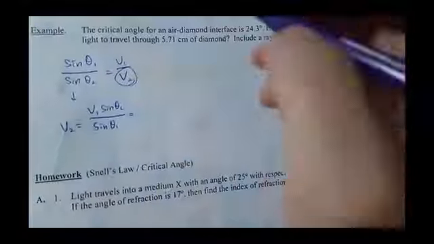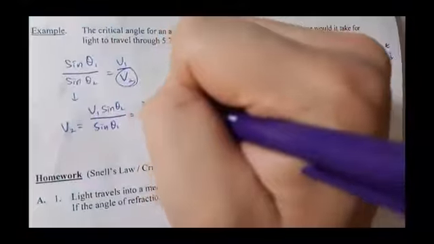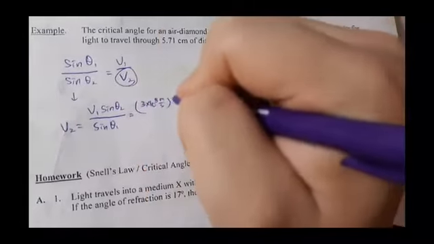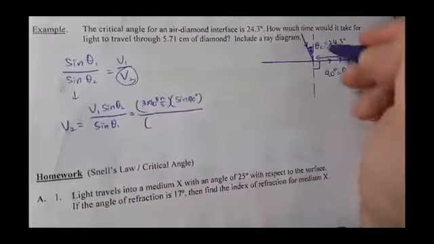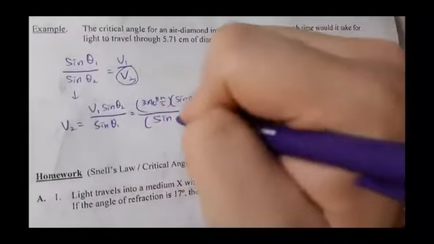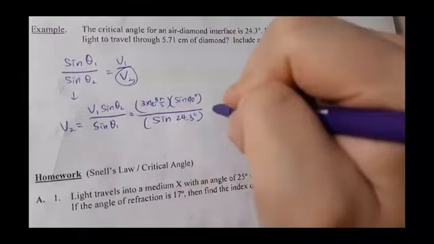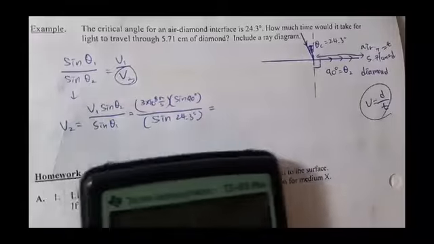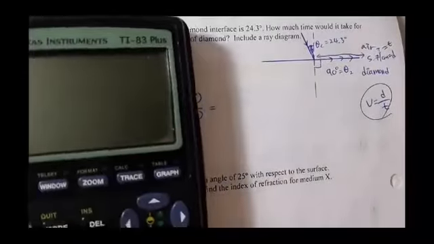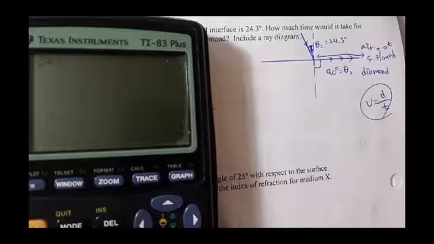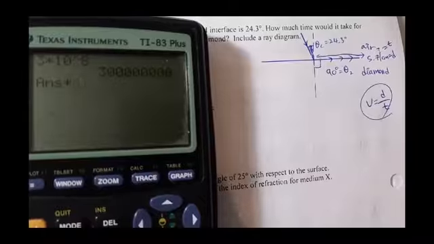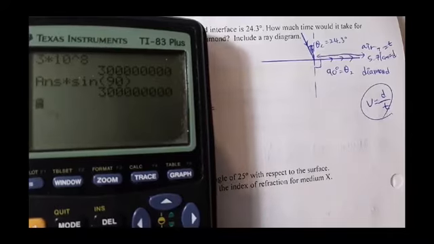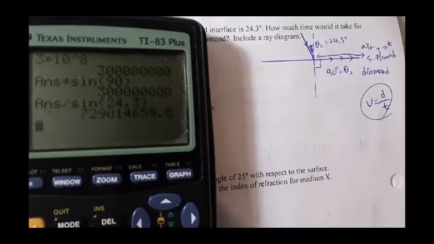Now let's punch the numbers in. It says air, so v1 is 3.00 times 10 to the power of 8 meters per second. Sine angle 2 was sine 90 degrees, which is 1, and sine initial, which is sine critical angle, is sine 24.3 degrees. That should be the correct answer for the velocity. Let's punch those numbers in.